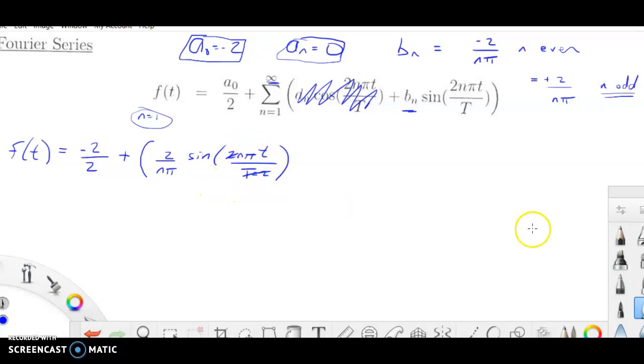So I can tidy that up a bit. We can rewrite that as sine n pi t.